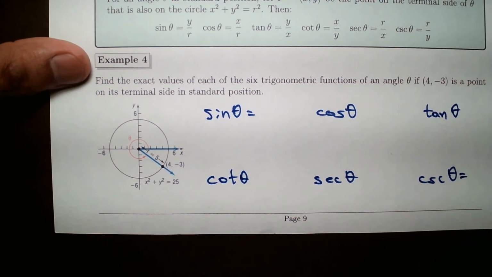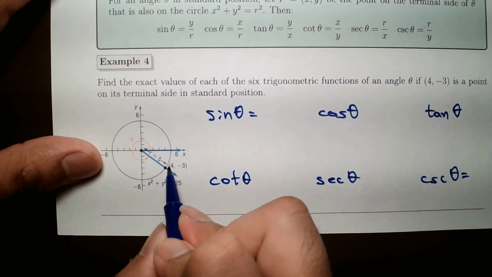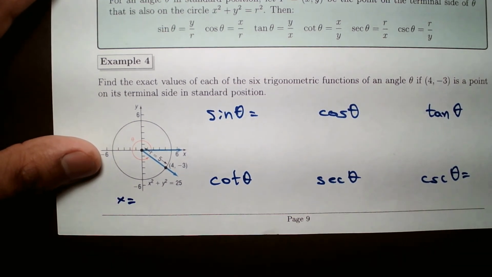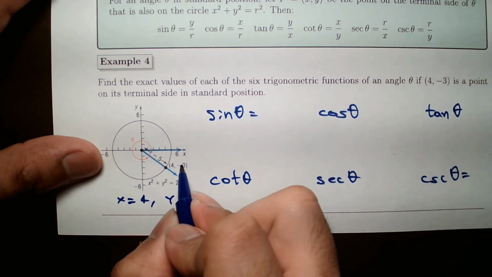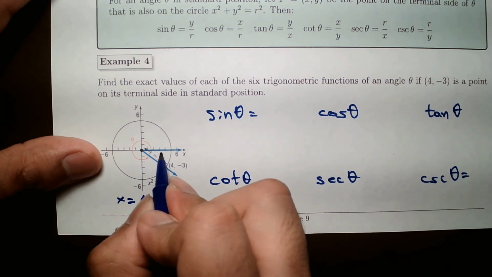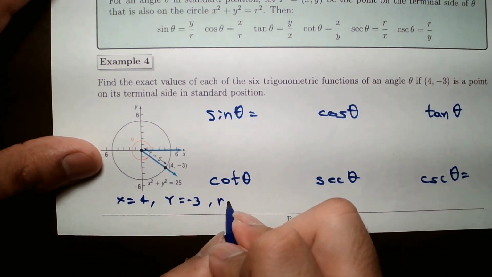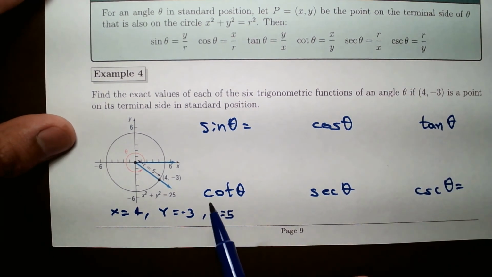All right, so what are we going to do? In this case, we have that x equals 4. Y equals -3, and this is a circle of radius r equals 5.